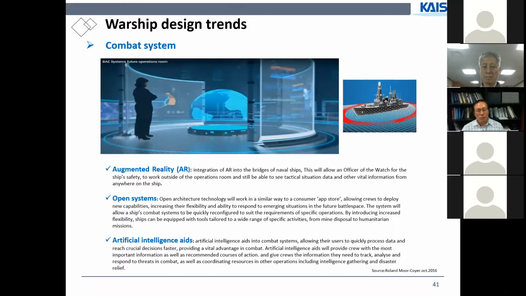And they need threat analysis, to respond to threats in combat. In my opinion, in the not so distant future, we will depend more on artificial intelligence aids.